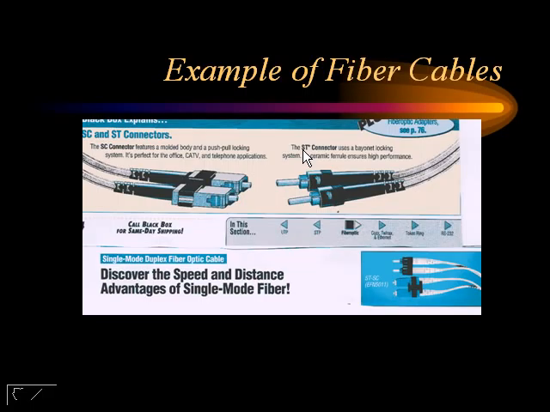The ST connection is used where high performance is required. One may note that in the case of fibers, there are always two connections per line. One is used for sending the information and the other one is used for receiving the information.